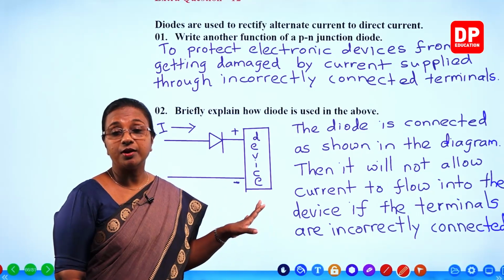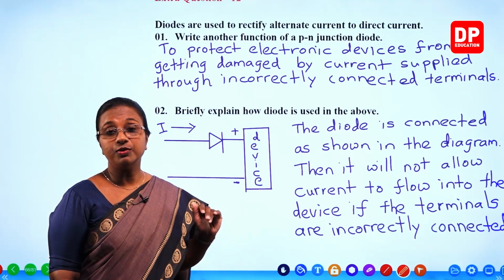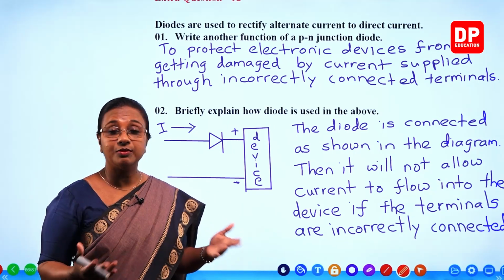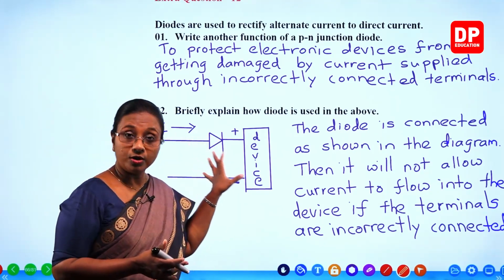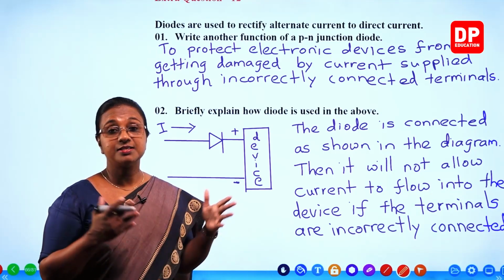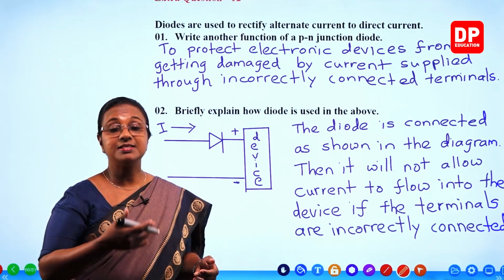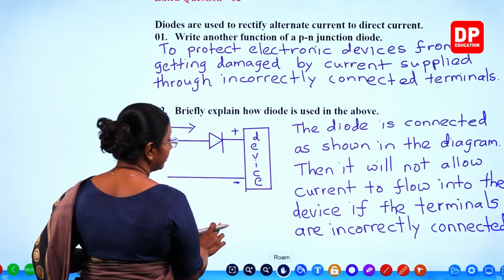If you want, you can also mention that is because diode allows the current to flow in towards one direction only. If you like, you can include that also. But that is the basic function or the feature of a diode. That is how a diode works, PN junction. Only when it is forward biased, it allows current to flow through it. Or else we can show that here also.